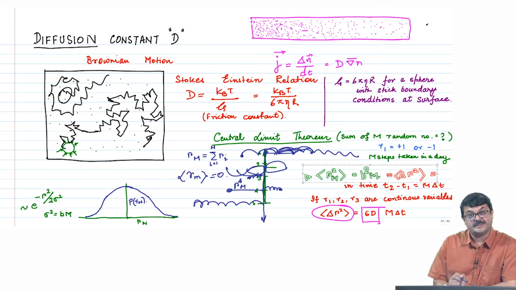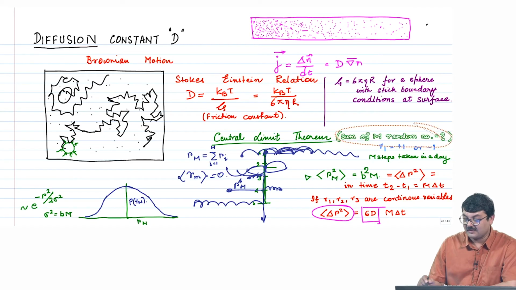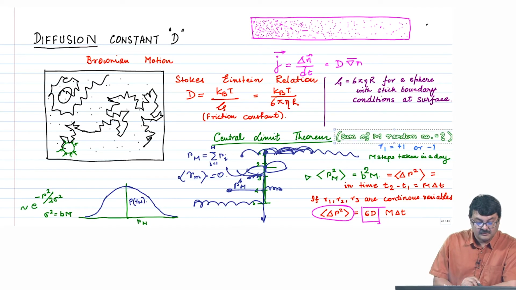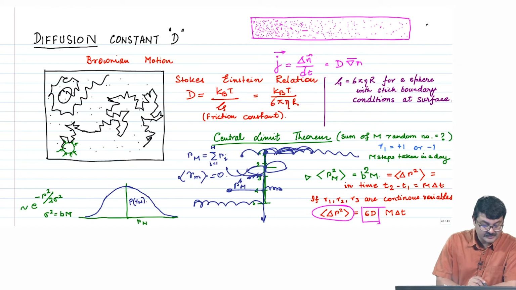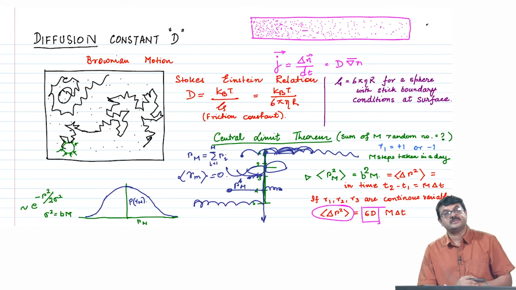a Gaussian. Okay, so, if you have a random walk, if you have random numbers and you sum them up, the sum of the random numbers would follow a Gaussian like this, e to the power minus r square by 2 sigma square. What is sigma square?